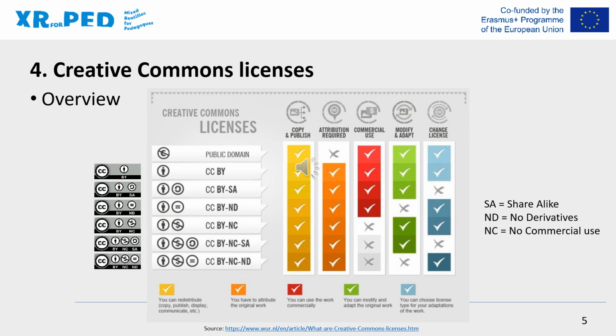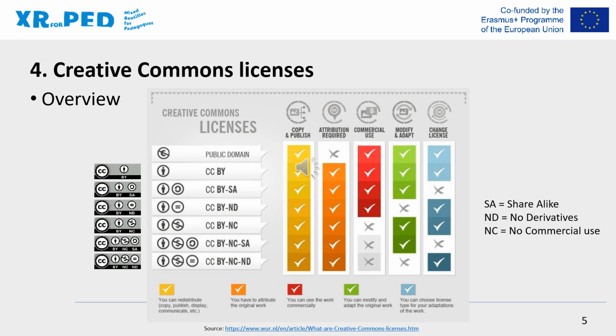CC BY NC is the Creative Commons Attribution Non-Commercial License. This license lets others remix, adapt and build upon your work non-commercially, and although their new work must also acknowledge you and be non-commercial, they don't have to license their derivative works on the same terms.